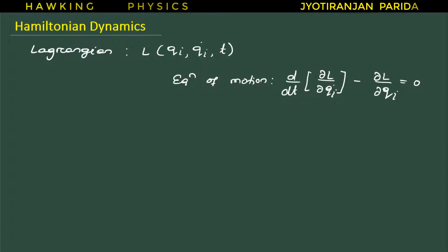Yes or no? Where i is equal to 1, 2, 3 up to n, and n is equal to the degrees of freedom.